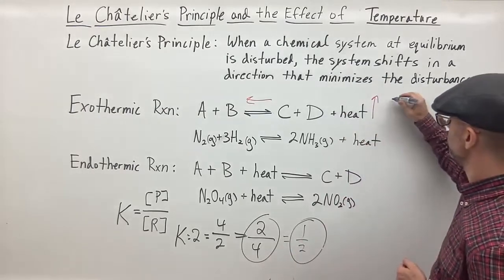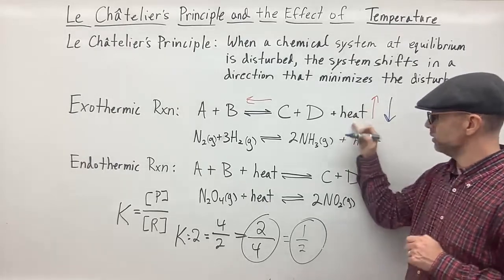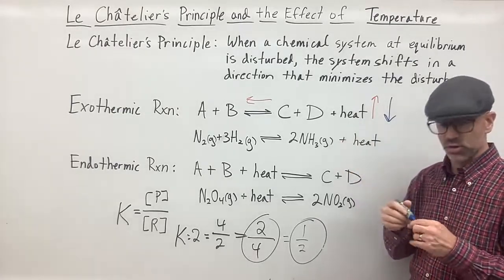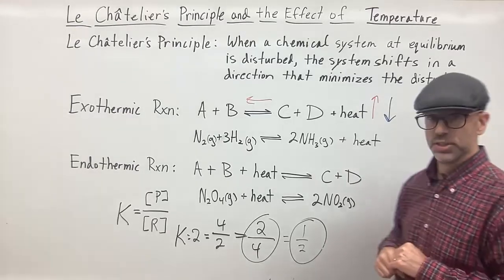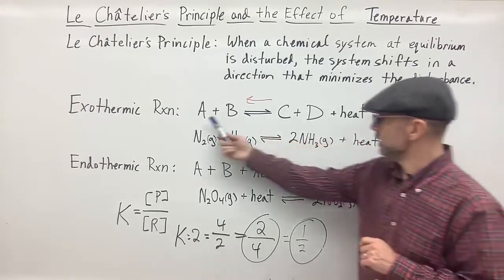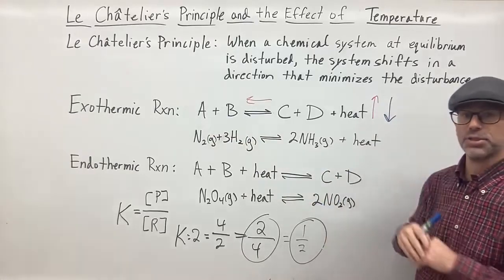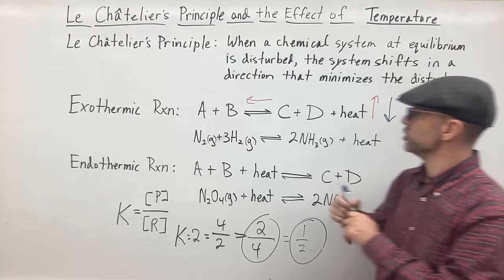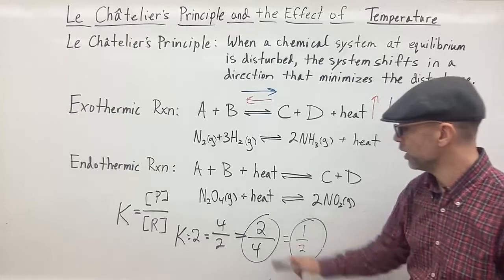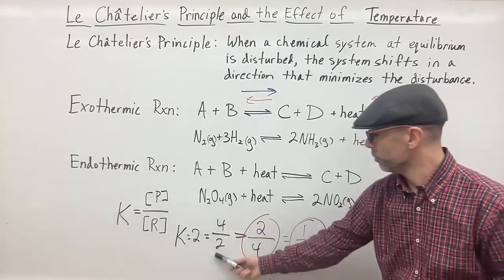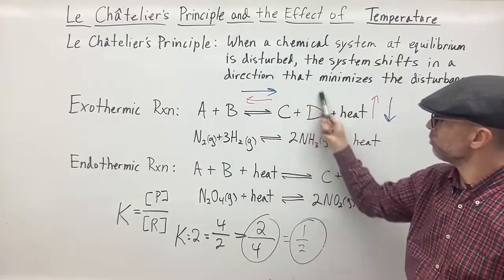So if I use blue for decreasing, so if I decrease the temperature, then in order to fix this disturbance in the system, it's now going to shift in this direction in order to produce more heat to try to get that temperature back up, right? So now, if we start at 4/2 again, we're going to shift in the direction to create more product.